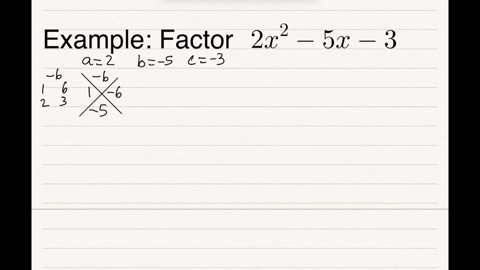So now we know the two values we're going to split this into, positive 1 and negative 6. And you can see that if you were to add those together, you would get negative 5x, so these have the same value as that. Bring these down.